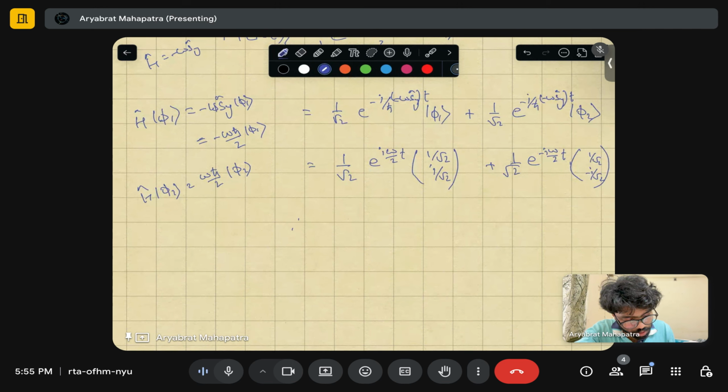Then you solve this, you will get psi of t as cos omega t minus sin omega t. So how are you getting cos and sine?